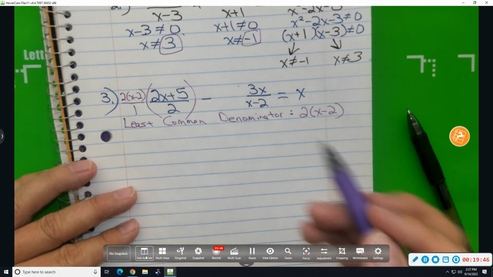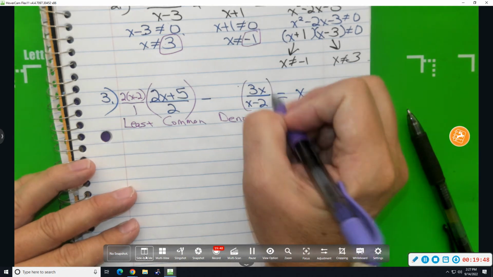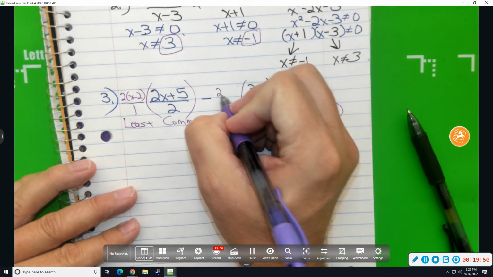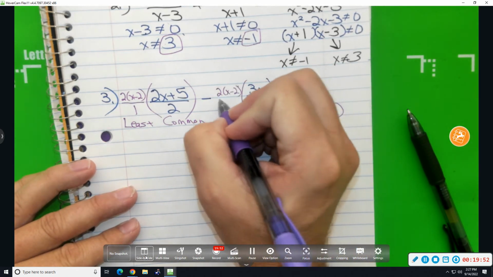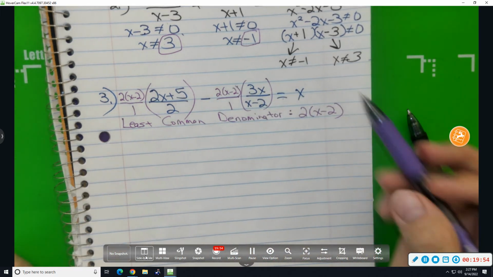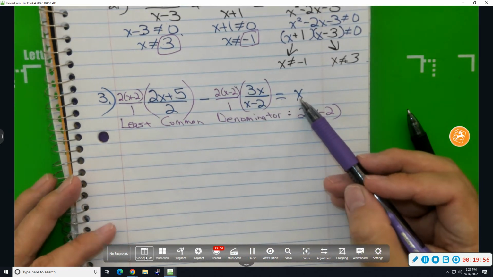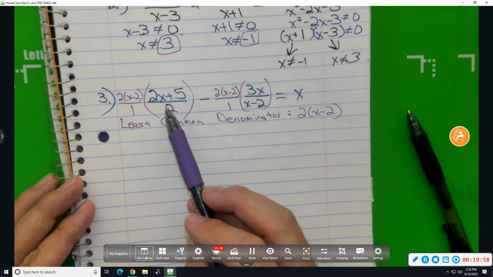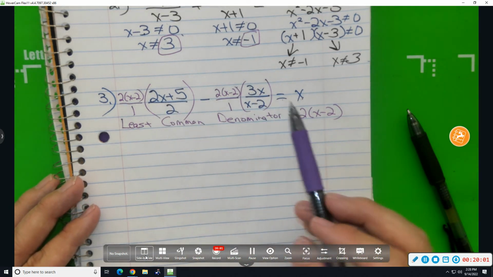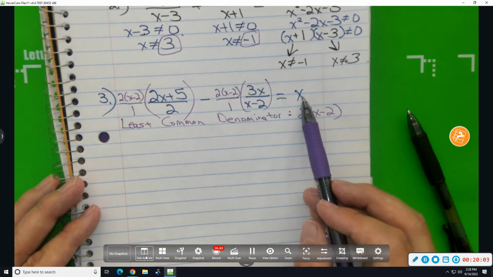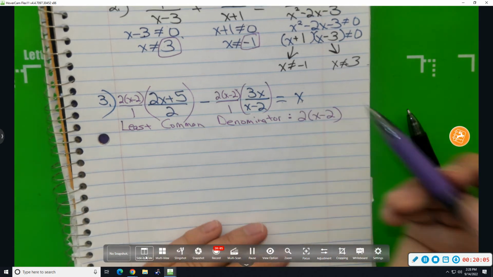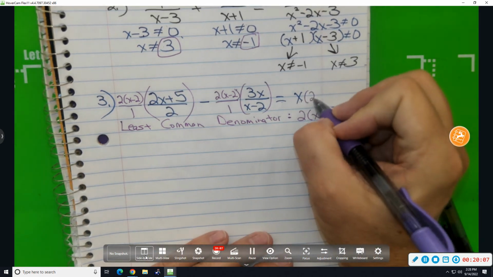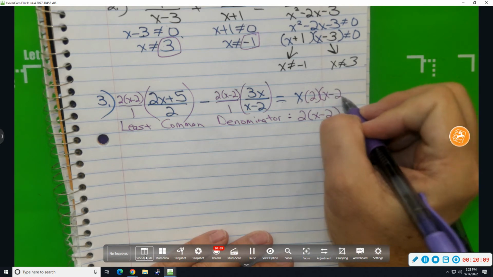And then the second one, we multiply by 2 times x minus 2. Over here, there are 3 terms. Each separate fraction is a term. And when you move to the other side of the equal sign, you have a term. So you're going to multiply that by 2 times x minus 2.